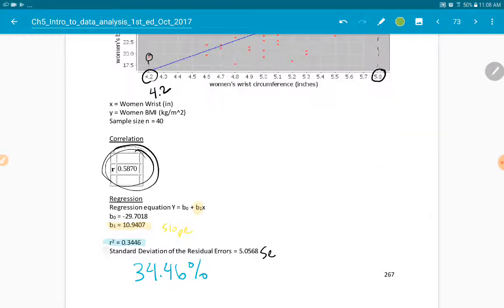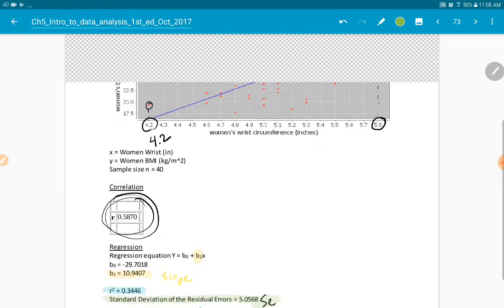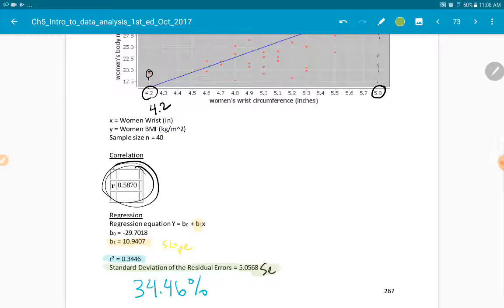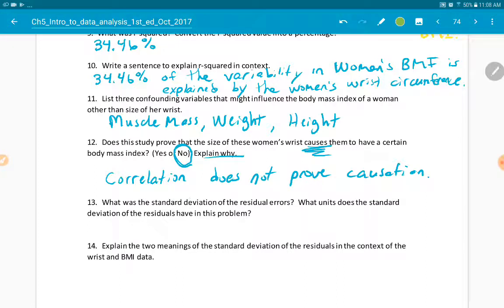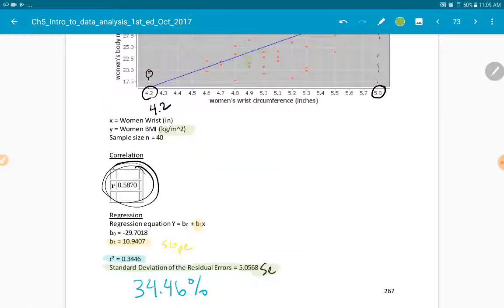So that's 5.0568. And the units are the same as the units in y, because it's a measure of the residuals, and the residuals are a distance in y. So 5.0568 kilograms per meter squared.